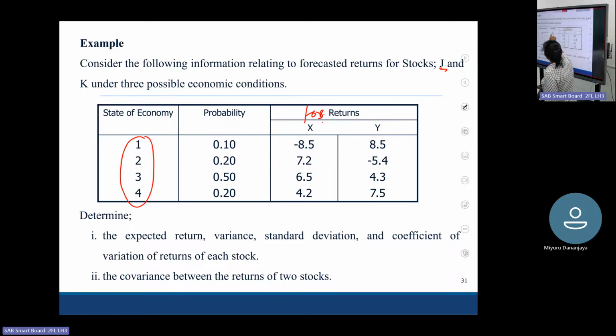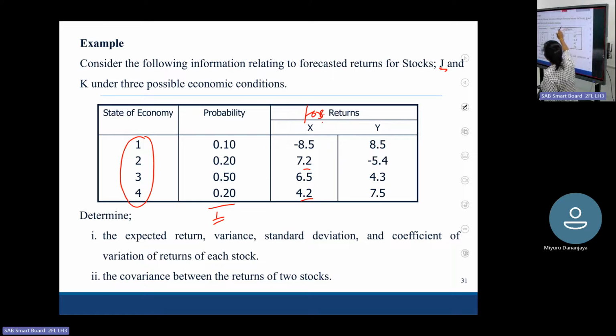If you get the total of the probabilities here, you can see it is equal to 1. These are all the possible happenings in the near future of the economy. If state of economy 1 occurred, this is the forecasted return for stock X. If state of economy 2 occurred, this is the forecasted return for stock X. Likewise, if state of economy 4 occurred, this is the forecasted return for the stock.